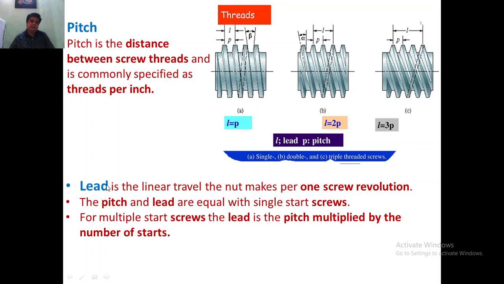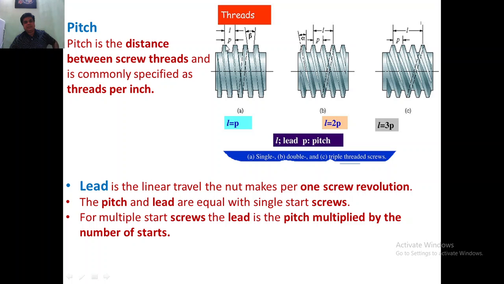Lead is one more term: whenever you rotate the nut or a screw by one revolution, the distance traveled linearly by this particular thread or nut is called the lead.